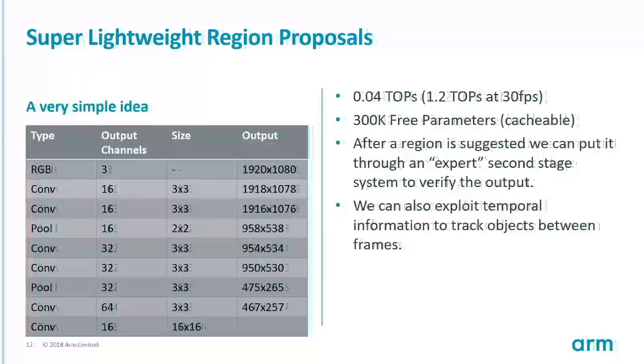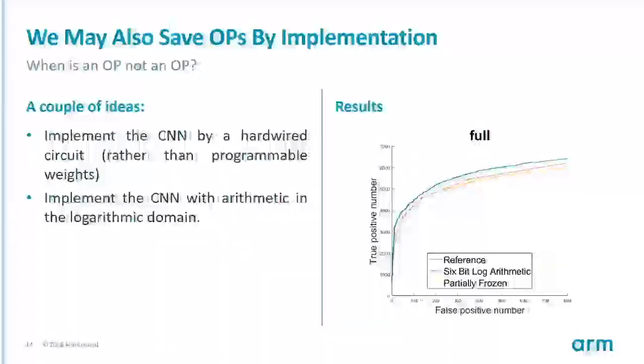Just as an aside, I don't want it to be the main focus of the talk, but I just mentioned that we're having a little play with how to implement this. So a couple of simple ideas is hardwire this CNN. So it means the weights are unprogrammable. You make these weights hardwired.